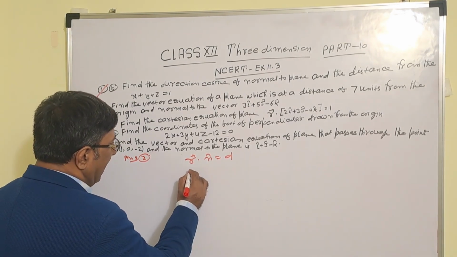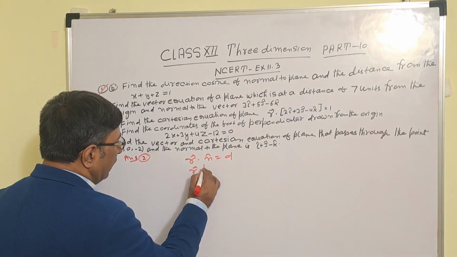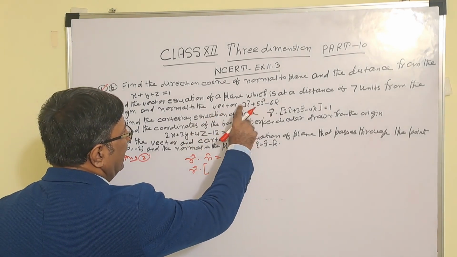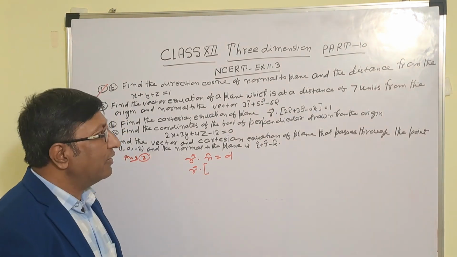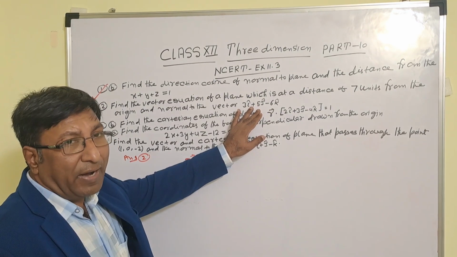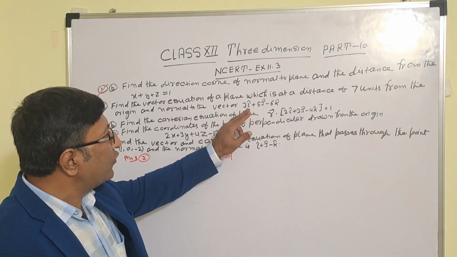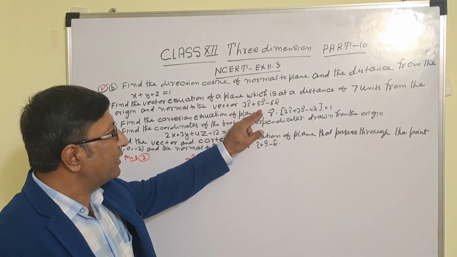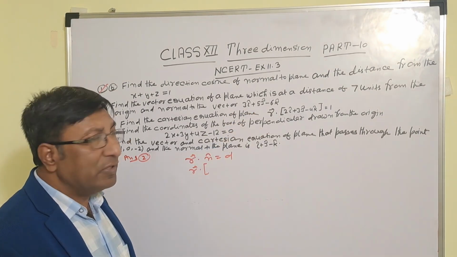So this is r vector dot. So what is unit vector? So this vector is normal to the plane given. So just divide this vector equation by the square root of the squares of the coefficient of unit vector i, coefficient of unit vector j, and coefficient of unit vector k.